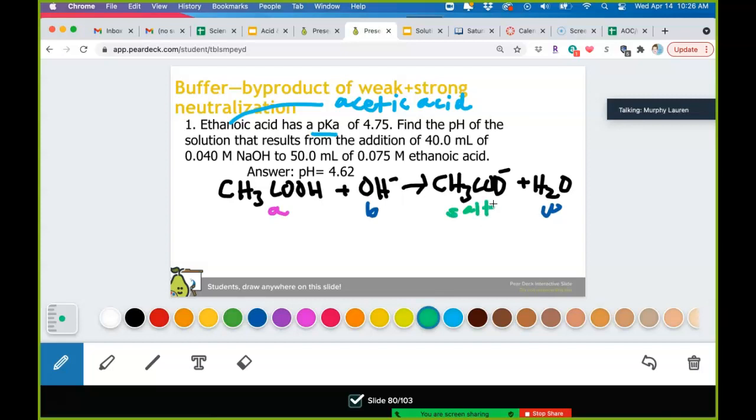And you go, how is acetate a salt? Well, because that would have been sodium acetate. Where's the sodium? It doesn't matter. It's a spectator ion. Not there. Not participating in the reaction, so I'm not including it. Acid, base, salt, water. Okay?